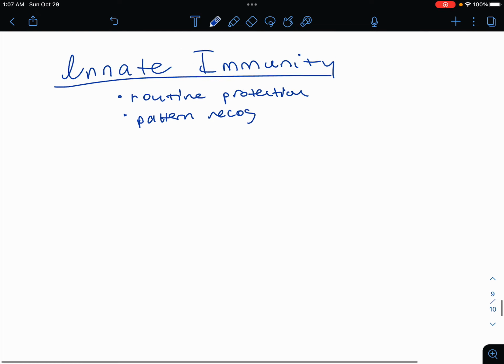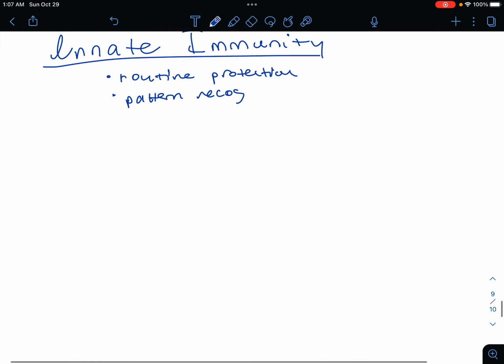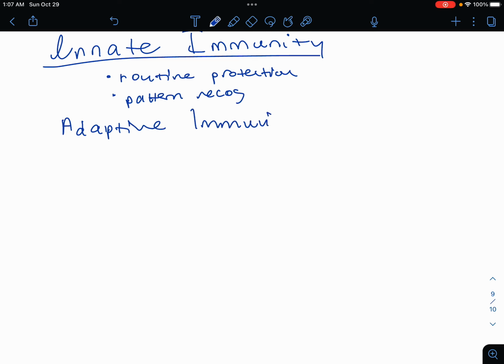And then, of course, we have adaptive immunity, which will be covered in the next couple of videos. I also have some up there from class, but then I want to actually make my own as well. Okay, so adaptive. This is going to be much more specific, and this is going to develop throughout life.